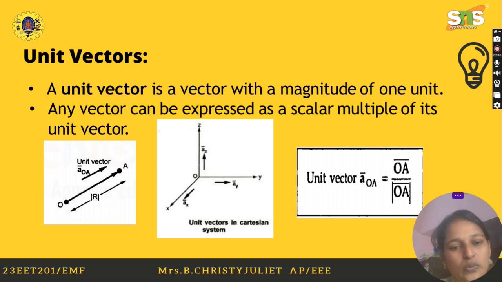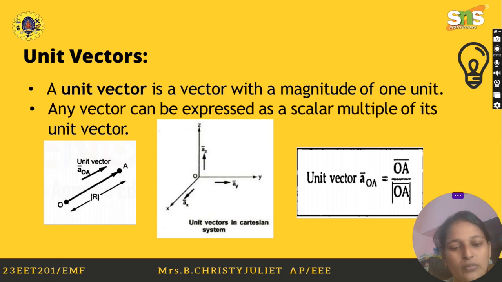Now we will see unit vector. What is meant by unit vector? Those vectors with a magnitude of 1 unit are called unit vectors. Any vector can be expressed as a scalar multiple of its unit vector.